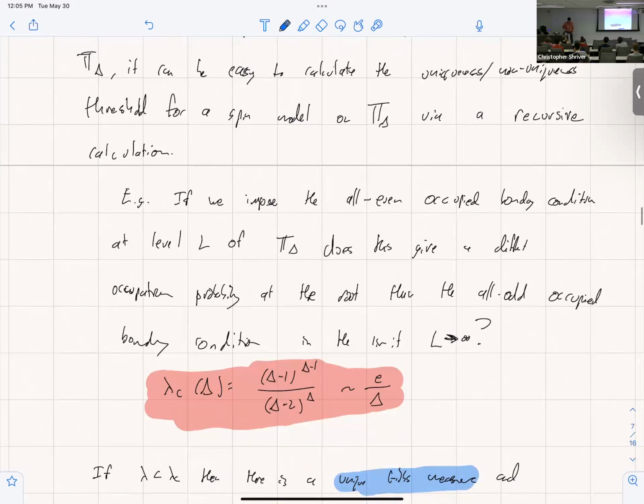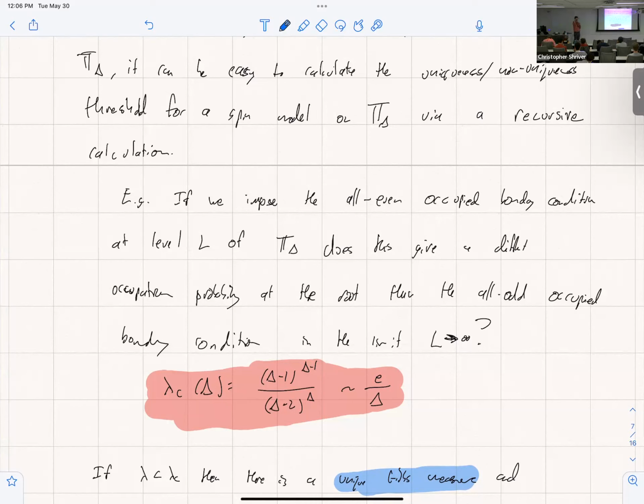Okay, so for hardcore, what I wrote was, if we impose the all even boundary conditions, occupied at even depth from the root, or the all odd boundary conditions, occupied at odd depth from the root, then you look at the marginal. What's the probability that the root is occupied in this random independent set on a tree where you set the boundary conditions at a finite depth, one way or another? If you put even boundary conditions in, this is going to favor that the root is occupied, right?